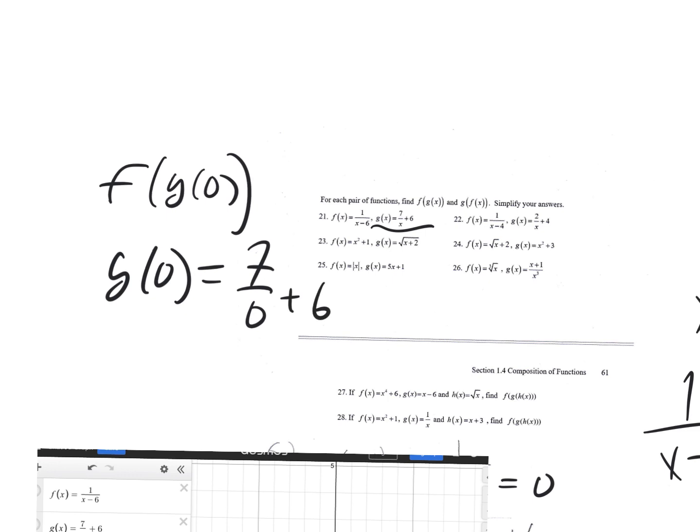That doesn't happen. So 0 is not in the domain. F of g of 0 doesn't have an output because I can't get a g of 0. And even though the equation cleans up, that original domain limitation cannot disappear. It's always there. So I'm glad this happened. We've got to be smarter than what the computer's telling us.